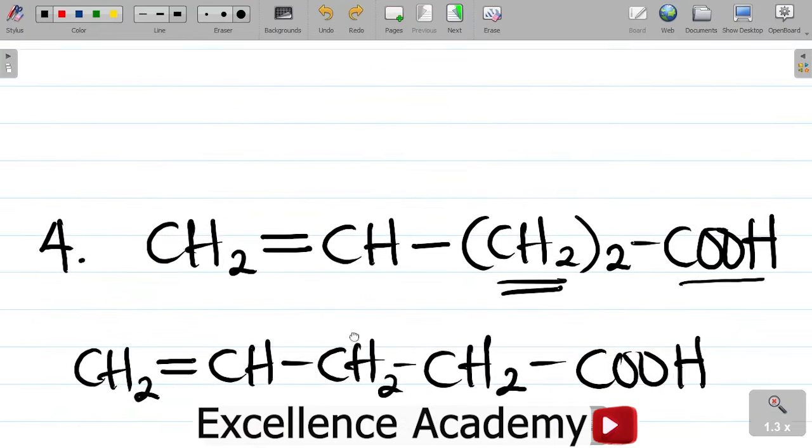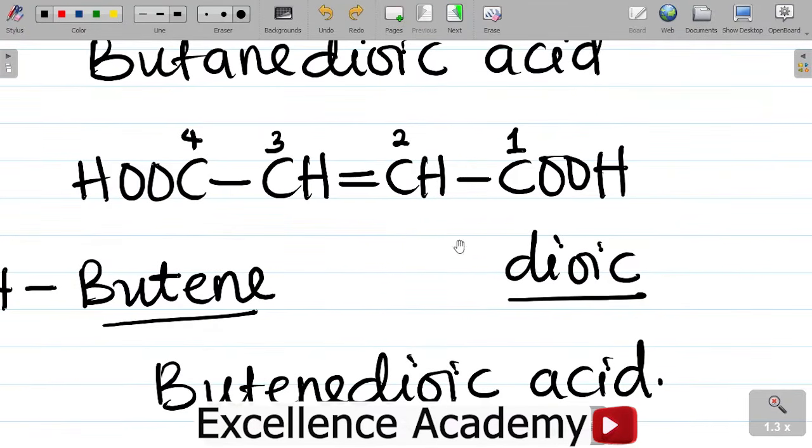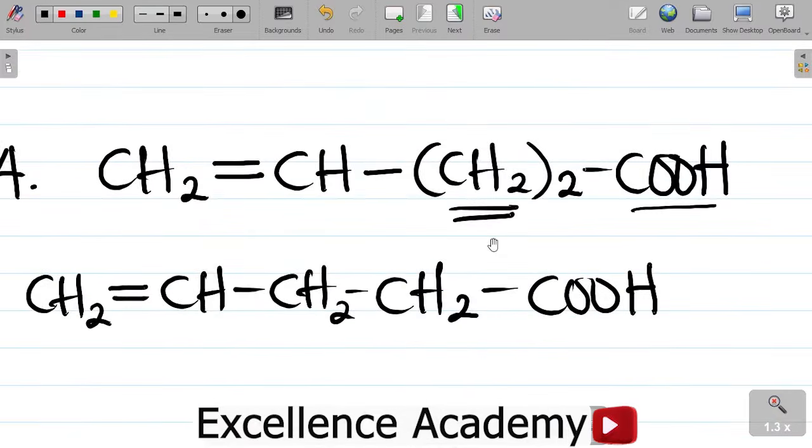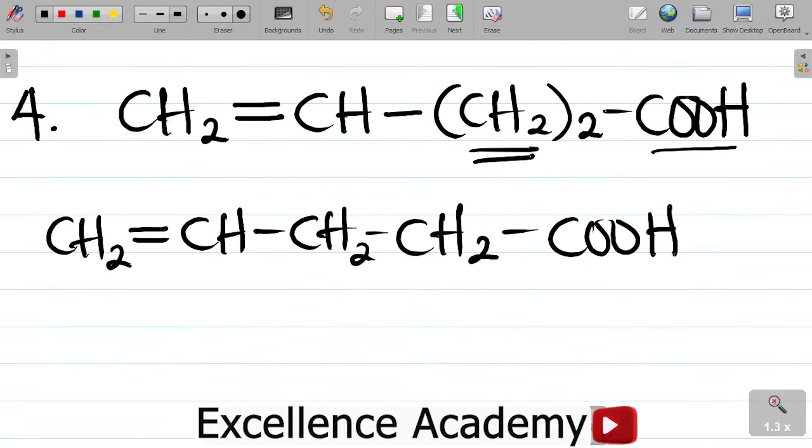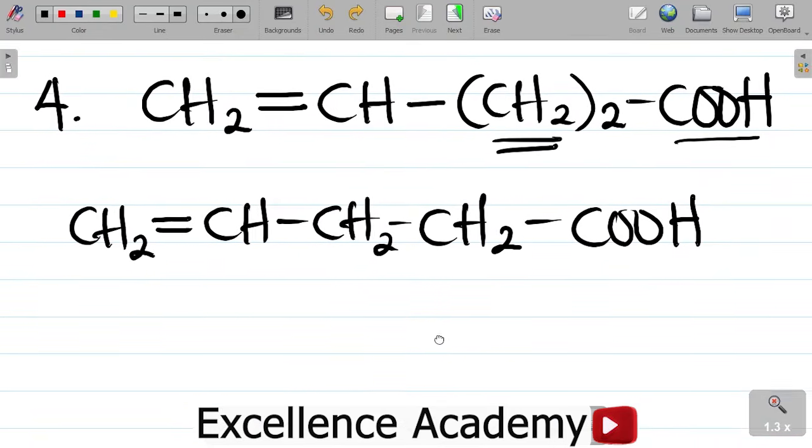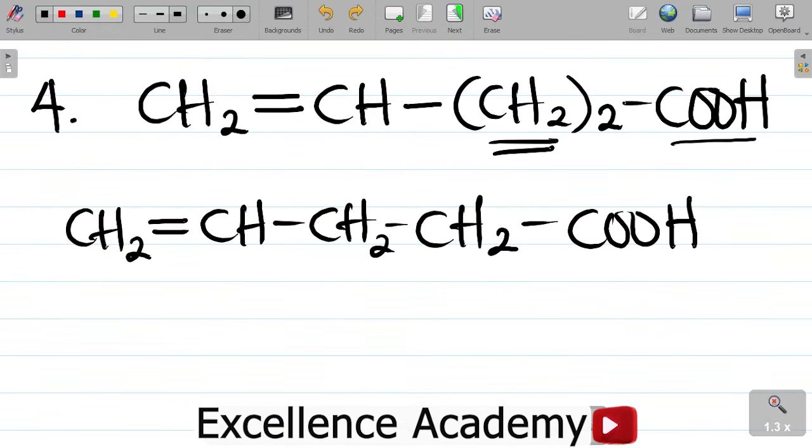In number 3, I have 2 carboxyl groups, that's 2 COOH. Meanwhile, in this case, I have just 1 COOH, that's this one here. That's 1 carboxyl group. So you have to be very observant with this.